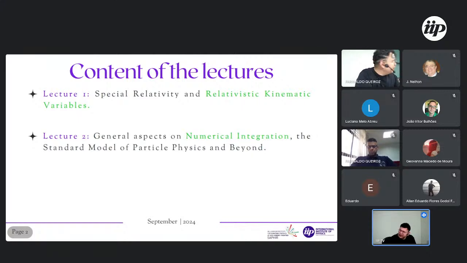But as a comment related to beyond the standard model, we are going to study an introduction to two models, the Z prime leptophilic model and the 331 models, that are models that I studied with collaborators in a paper, and our objective is to reproduce the results of that paper. For that we need to understand particle physics, the standard model, and beyond.